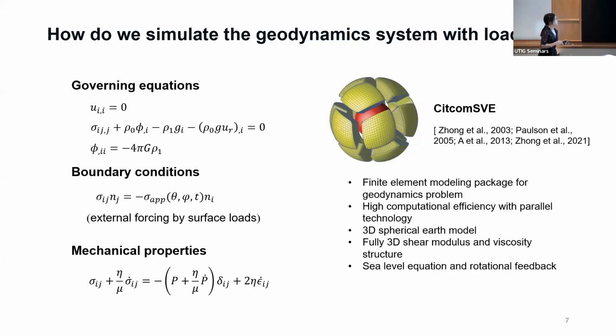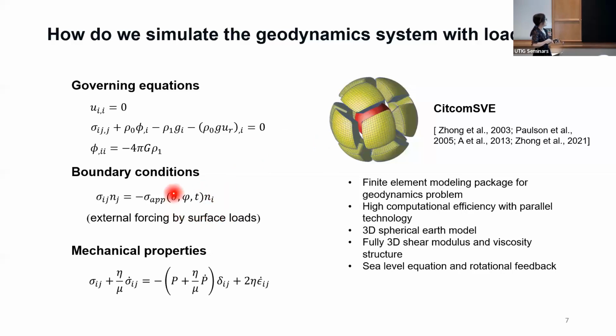Okay, so we have our frozen part, our ice load, our ocean loads. We have our Earth rheology, our Earth model. So we have all of those ingredients for GIA, and how do we simulate the geodynamic system with loads? This is the physical law we use in our model. The governing equations include mass conservation, momentum conservation, and Poisson's equation, which gives us the gravitational perturbation.